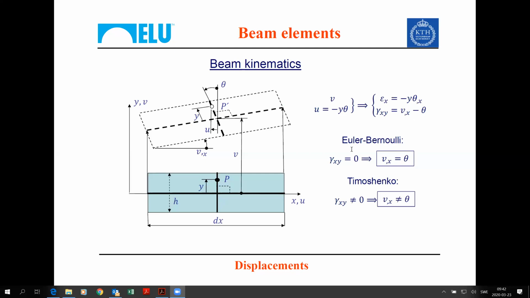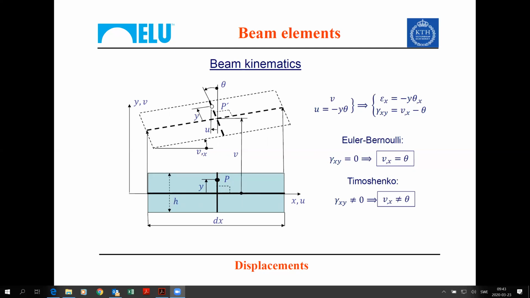If we have the Euler-Bernoulli assumption, so no shear strains, that means dv dx is equal to theta and gamma is equal to 0. But epsilon still involves d theta dx. Now, if dv dx is equal to theta, then d theta dx will be the second derivative of v, isn't it? So your epsilon x, for an Euler-Bernoulli beam, will be minus y d2v dx2.